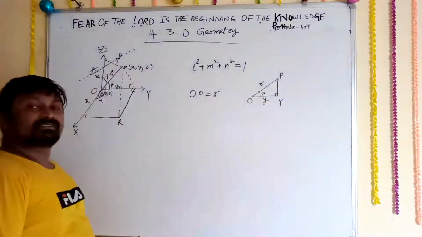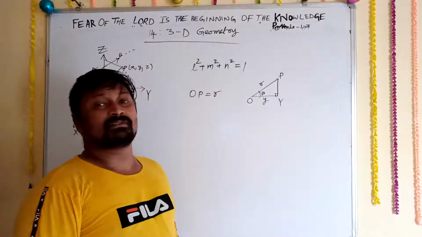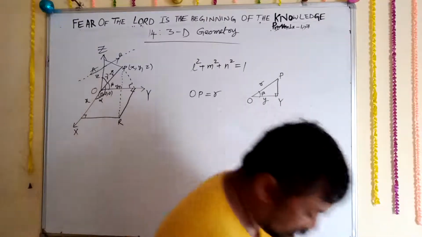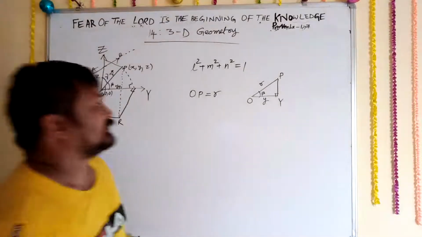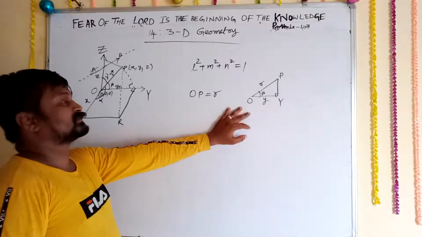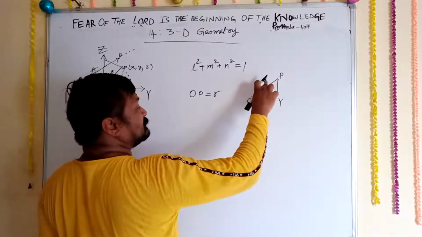From this I need to find cos beta, because you already know that l is nothing but cos alpha, m is cos beta, n is cos gamma; we learned that previously. So first I want to find what cos beta is here.